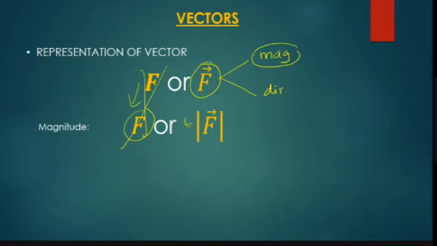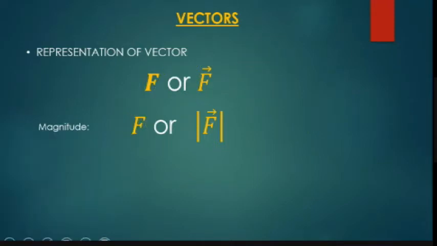For example, how do we represent the magnitude of acceleration? Write the vector and then put two bars like brackets. If you see this, what does it mean? Acceleration is equal to 9.8 meter per second square. The magnitude of the acceleration vector is 9.8. Hope you are following.